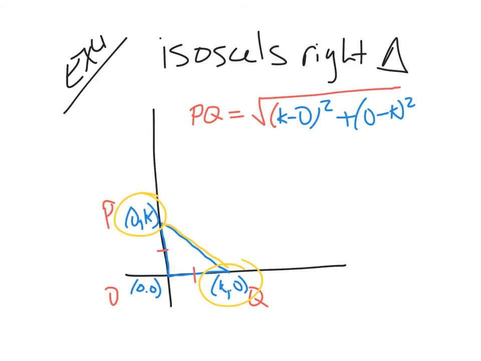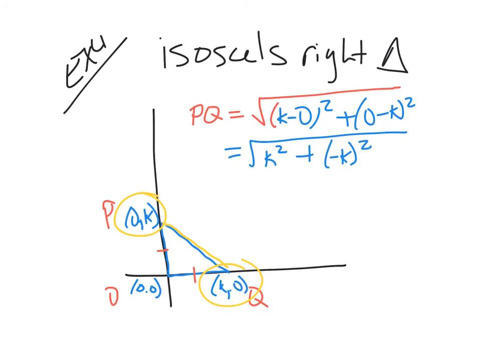Okay, so to simplify this, k squared would just be k squared, and then minus 0 squared is 0, so k squared. And then plus 0 squared is 0, so then I have negative k squared, right?